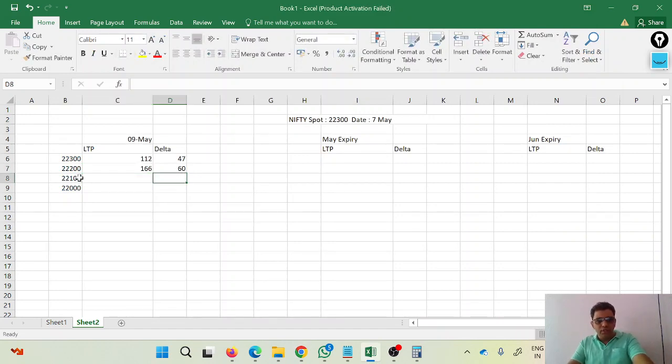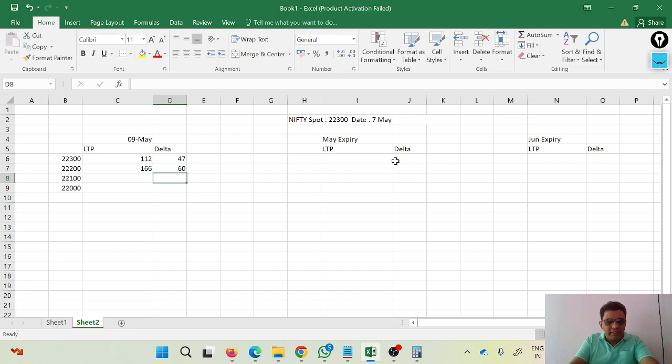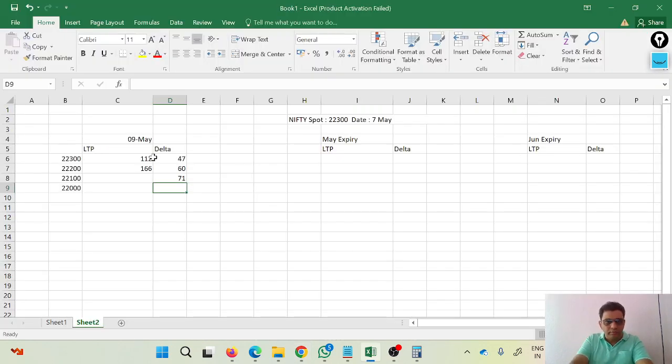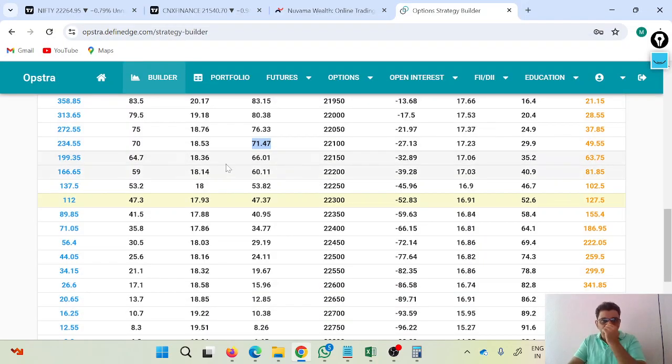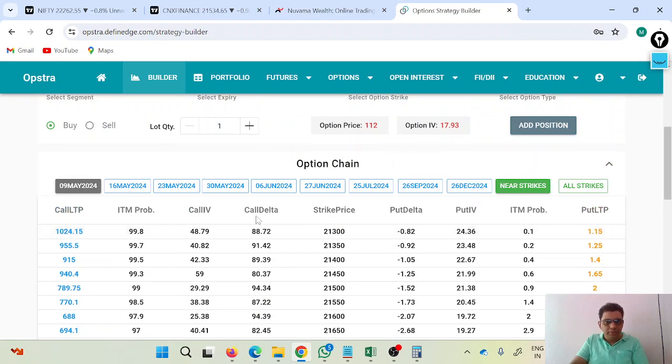22,100, delta is 71, and this is 234. This is the column of delta, this is the call delta, and this is LTP.